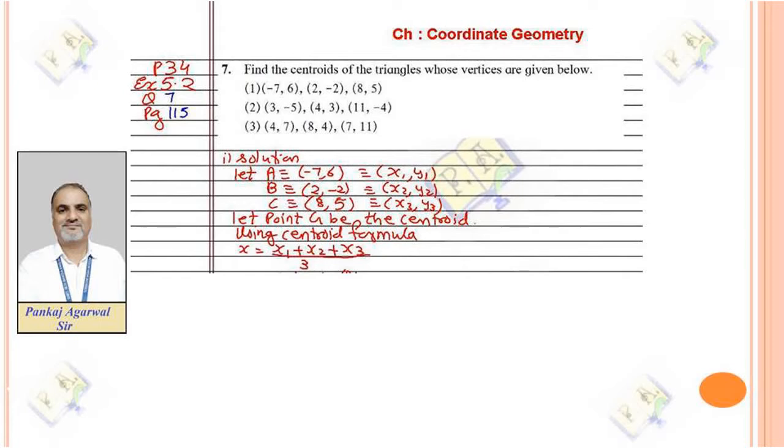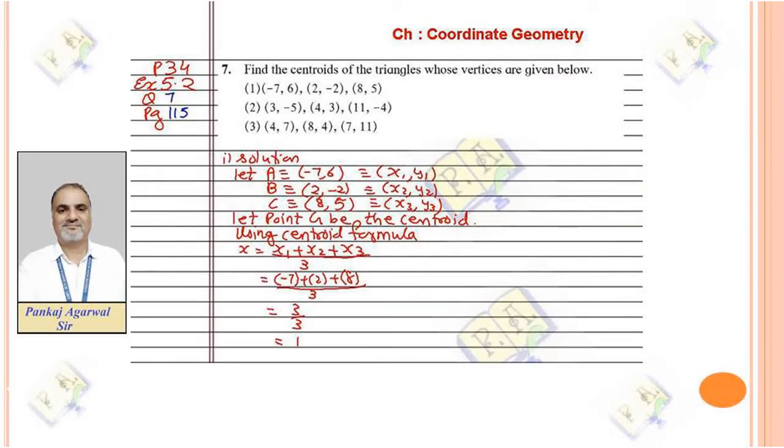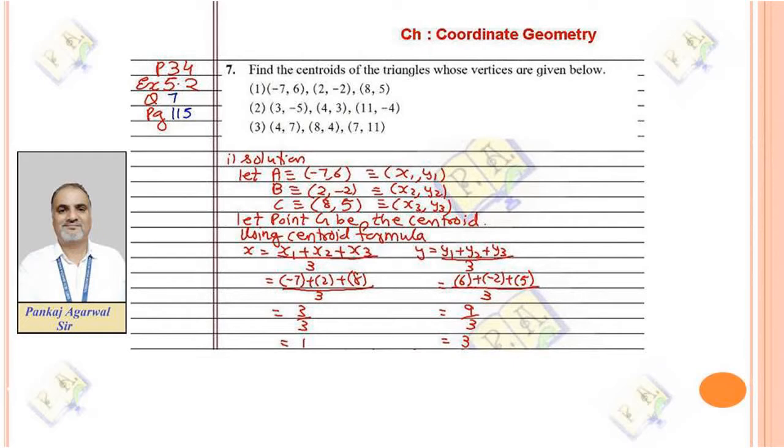So using the centroid formula, the x coordinate will be (x1 + x2 + x3)/3. If we substitute the values as (-7 + 2 + 8)/3, we'll get the answer as 1. In the same manner, the y coordinate will be (y1 + y2 + y3)/3.